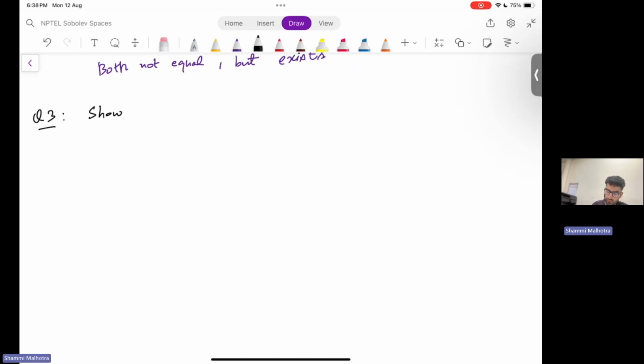So what do I have to show? I have to show that even though T and S are some distributions, T convolution S may not be well defined, but the derivative convolution from the same distribution is defined.